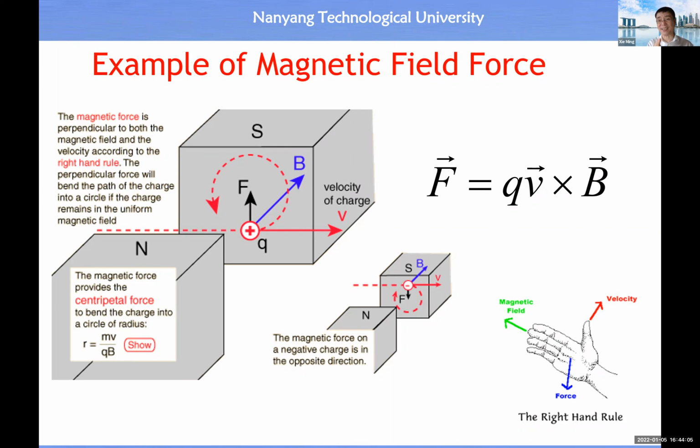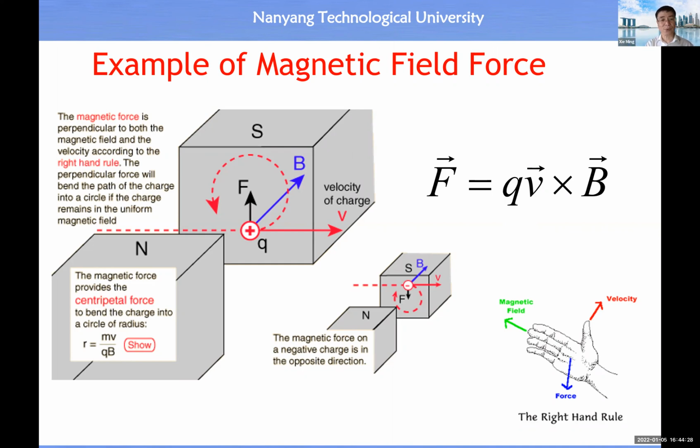The charge will follow a circular path due to the magnetic force, and the equation is F = Q times V times B, because Q times V is equivalent to I, current.